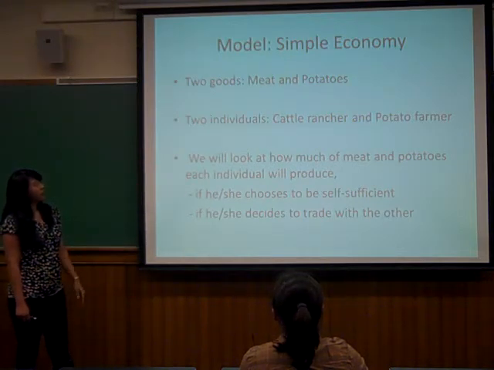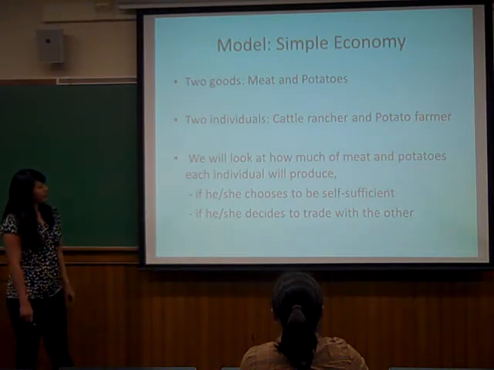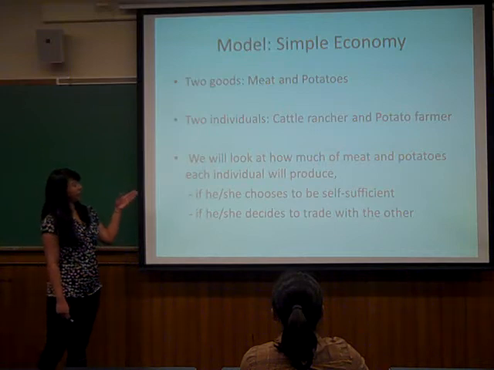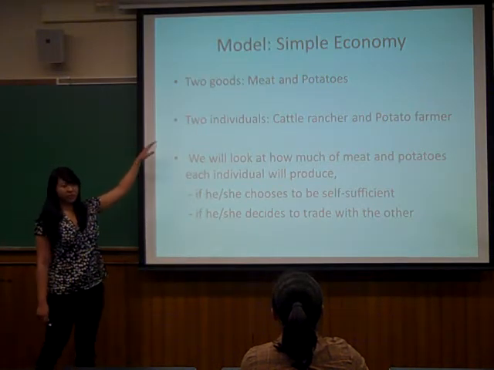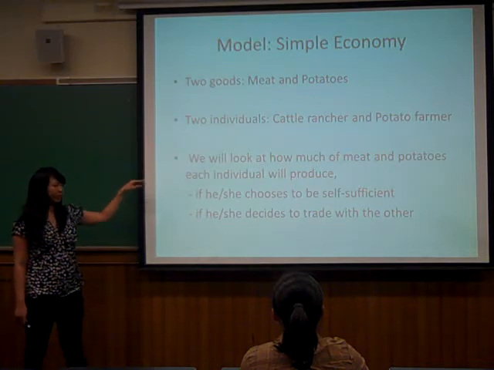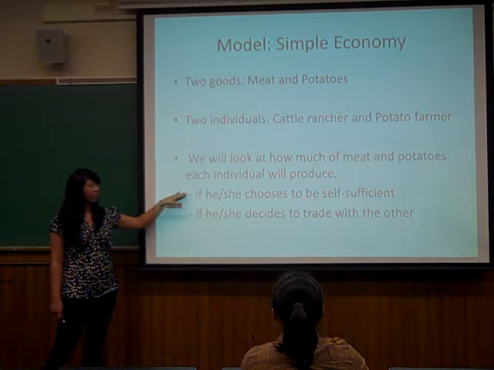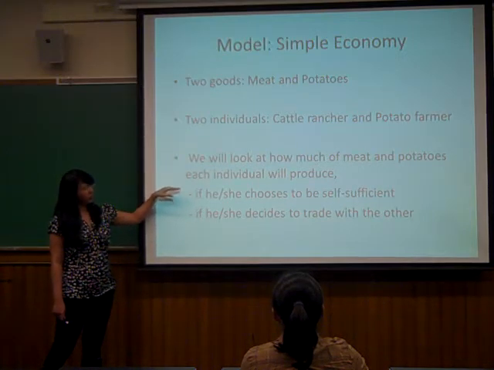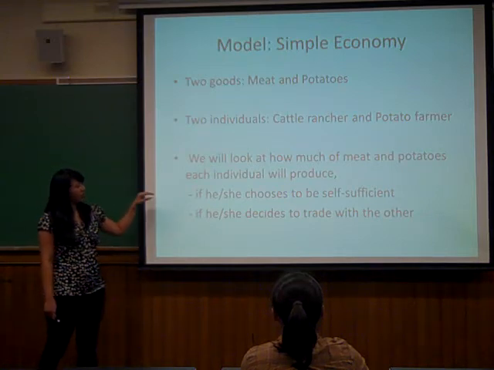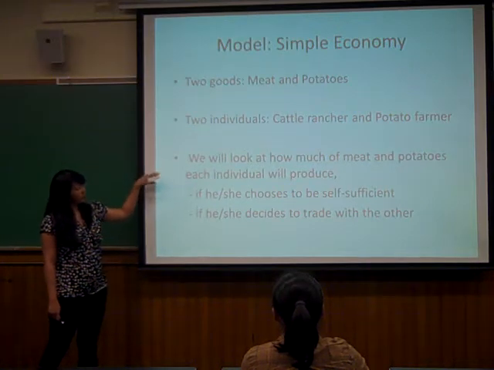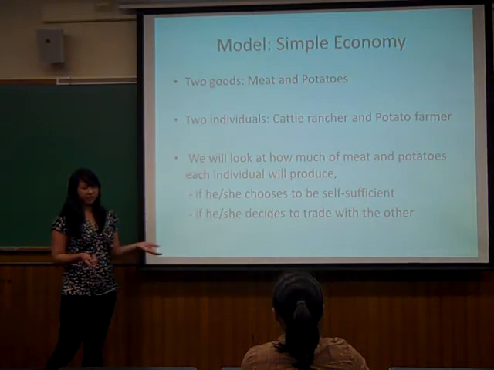In this exercise, we will be looking at how much meat and potatoes each of these individuals will produce if the individual chooses to be self-sufficient, which means he or she would not engage in trade, and also how much they would produce if the individuals decide to trade with one another.